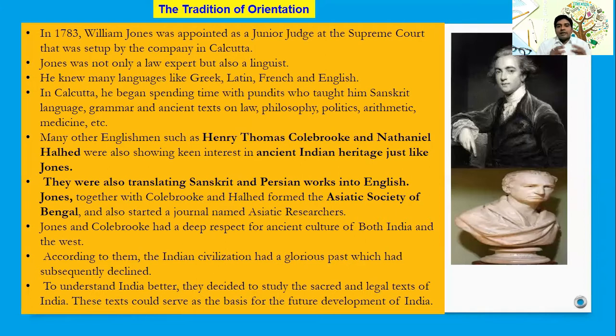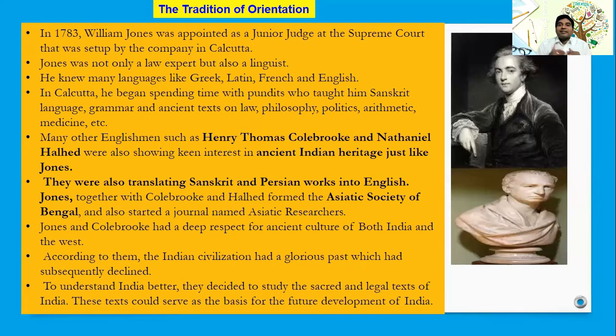According to them, the Indian civilization had a glorious, great past, but it had subsequently declined over a period of time. After reading the texts which told about the ancient Indian heritage, culture, prosperity, and the traditions which existed in India, the knowledge about law and philosophy, which he learned from the experts of Sanskrit.